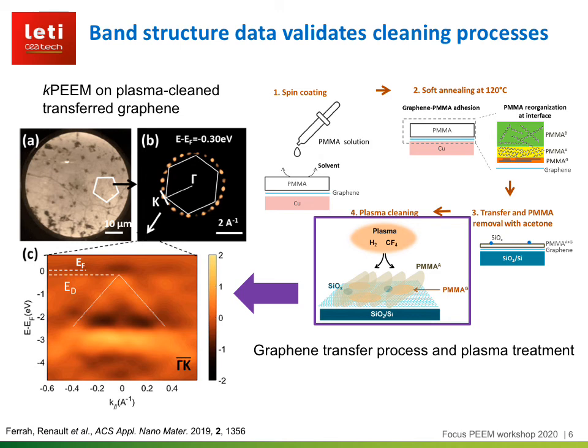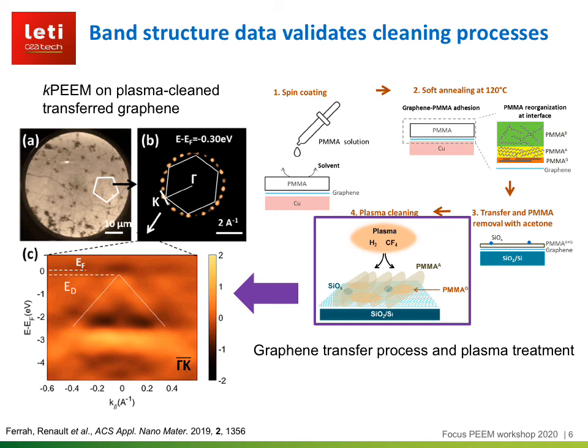You have a band structure of graphene after plasma cleaning, which actually shows a multiple collection of Dirac cones. But this is because our graphene in this particular case is polycrystalline, so you have in-plane disorientation.